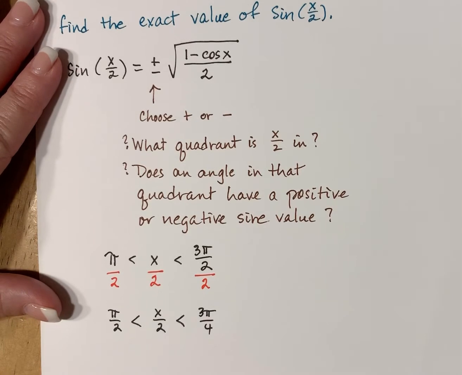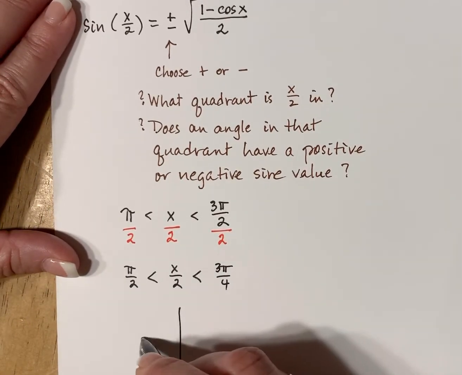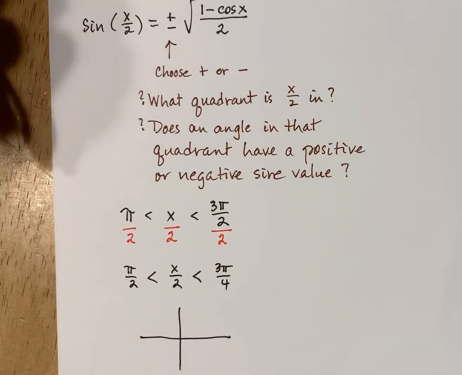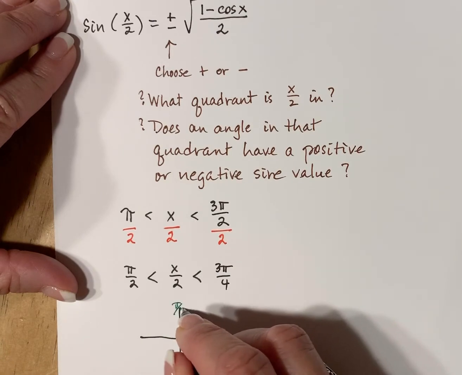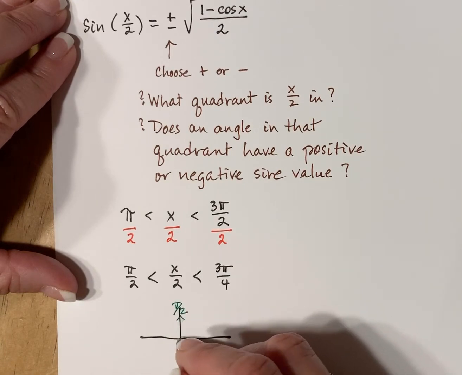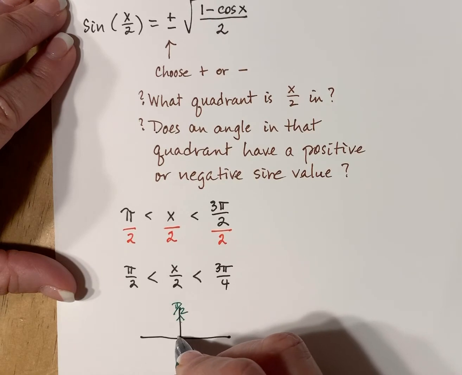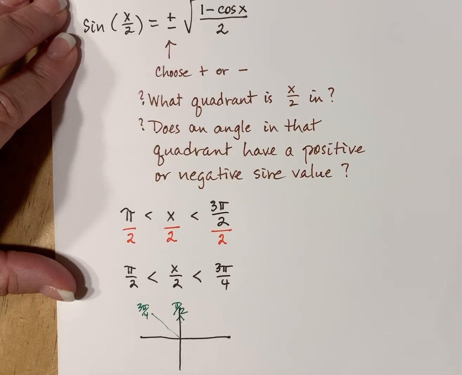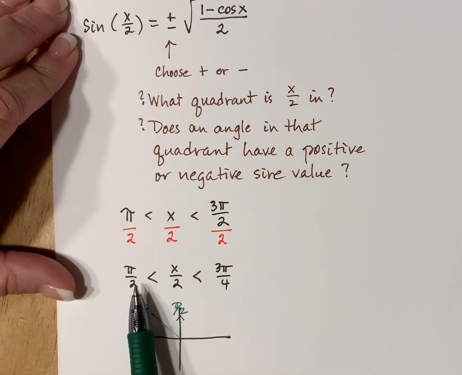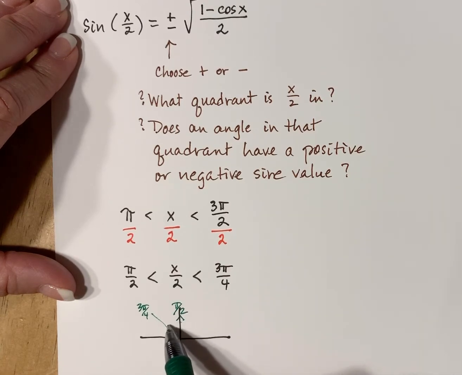Okay, so can you figure out what quadrant this is in? Yes, because we know for sure that pi over 2 is up here using the positive part of the y-axis. We know that pi is over here, and then 3 pi over 4 is right in the middle. So if x over 2 is greater than pi over 2 and less than 3 pi over 4, then we know that it's somewhere in here.